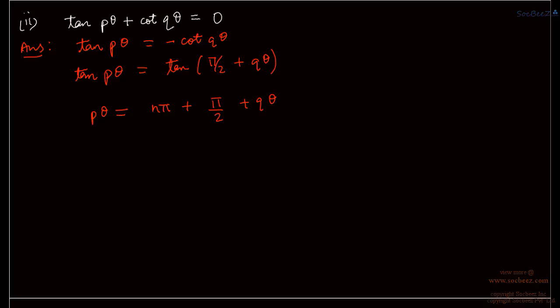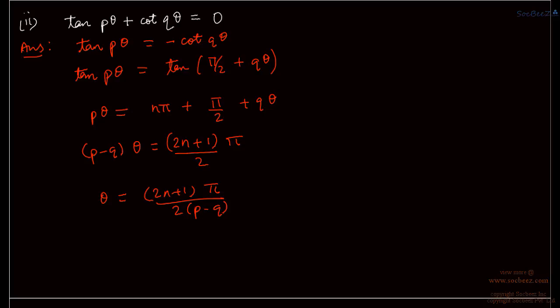So we have p minus q theta is equal to, we can take 2 as a common denominator, or theta we can write as (2n plus 1) pi by 2 times (p minus q), right?